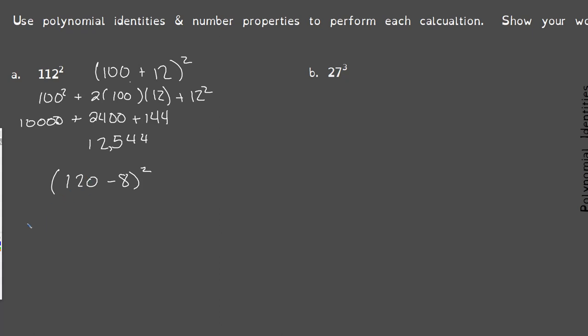On this one, we had 120 squared minus 2 times 120 times 8 plus 8 squared.